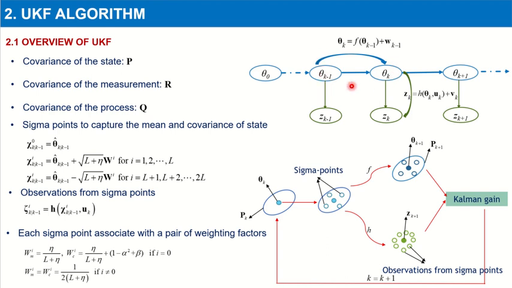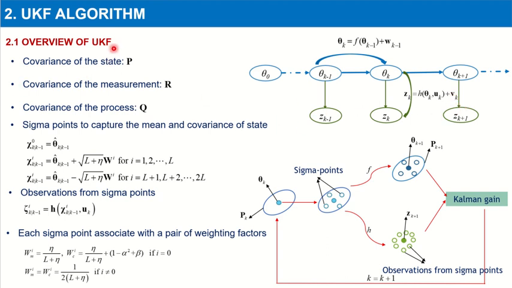From time k-1 to time k, we can propagate the state by this transition function, in which W is Gaussian noise. At time k, we can also find the measurement from the state by this function, in which V is also Gaussian noise.